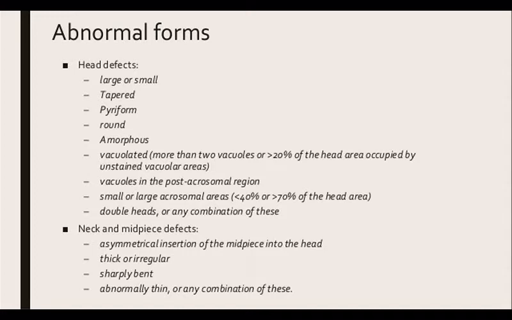Next, moving on to the neck and the middle piece defects. Asymmetrical insertion of the middle piece into the head. Asymmetrical means having two sides or halves that are not the same. Next, thick or irregular midpiece defect, sharply bent defect, abnormally thin, or any combination of these may be seen.